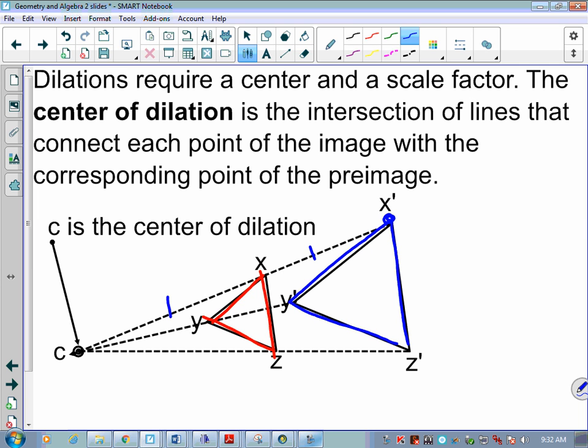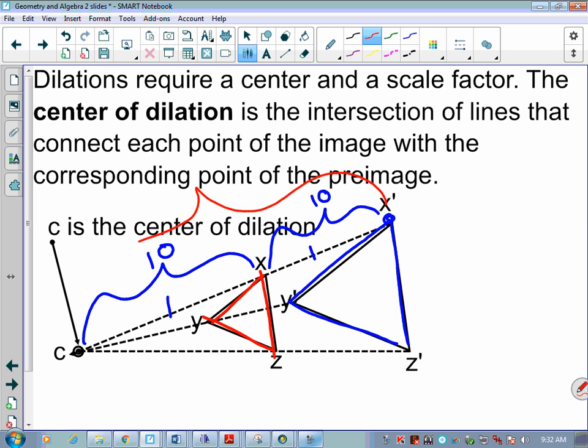Let's say I knew this was 10, then this has to be 10, because the overall distance to the center is 20, if my scale factor is 2. The distance between y prime and c works the same way. I'm not saying this is a true scale factor of 2, because obviously it doesn't look to be the same distance, but that's how it should work.